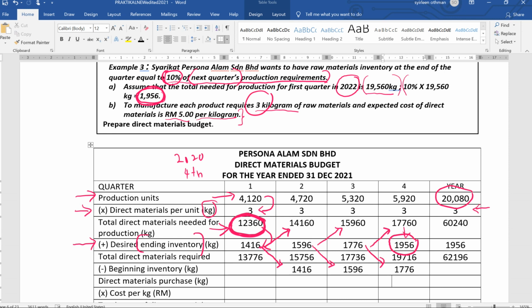So maksudnya kalau I am looking for the beginning inventory, so item ni is actually taken 10% from 12,360. Okay, alright, so that is how you get the beginning inventory for the first quarter.